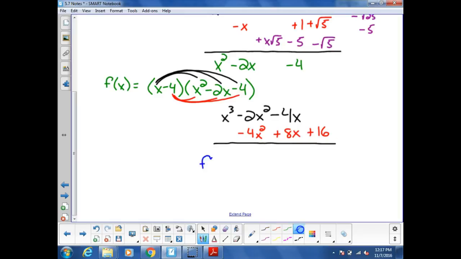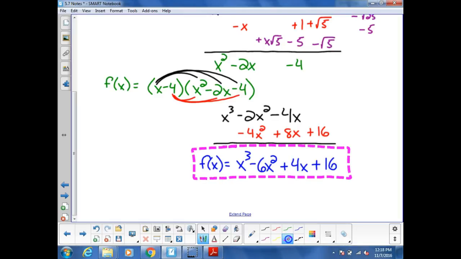So f of x here is equal to x cubed minus 6x squared plus 4x plus 16. There are a few times that the square roots don't cancel out. No. Okay.